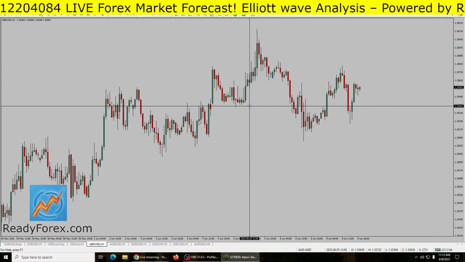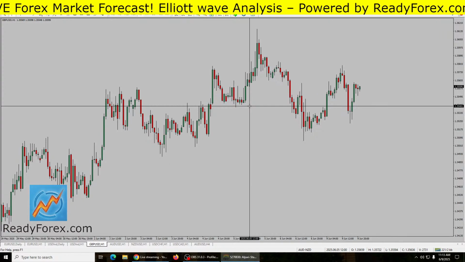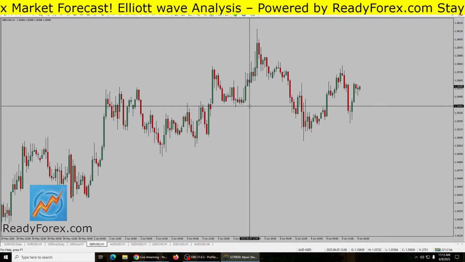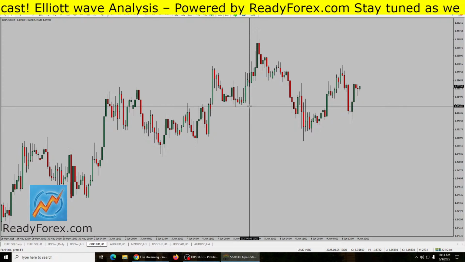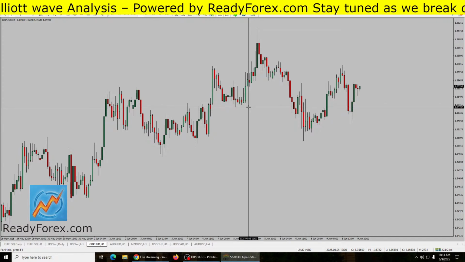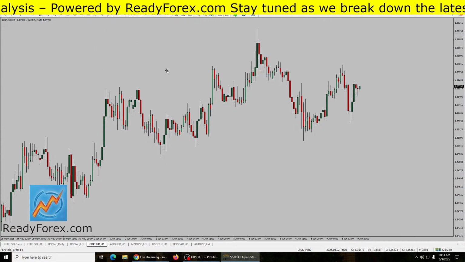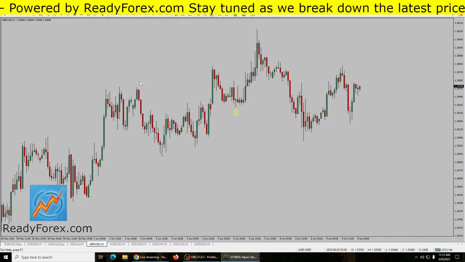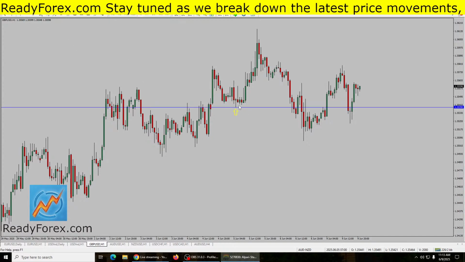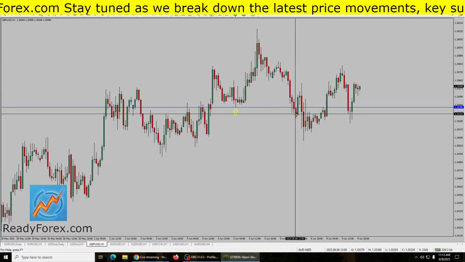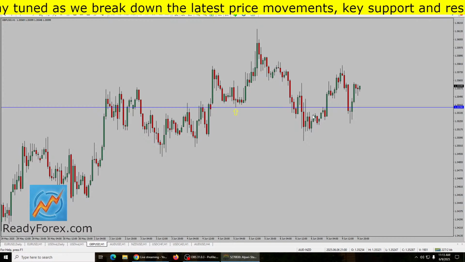Let's see how it goes. So we have the support over here. Now we got the breakdown in price action. Looks a little bit unclear.